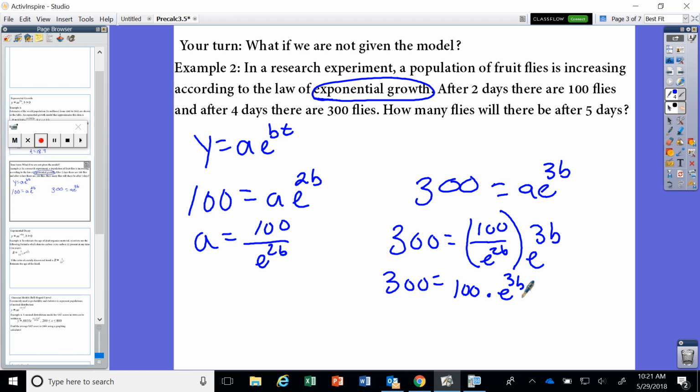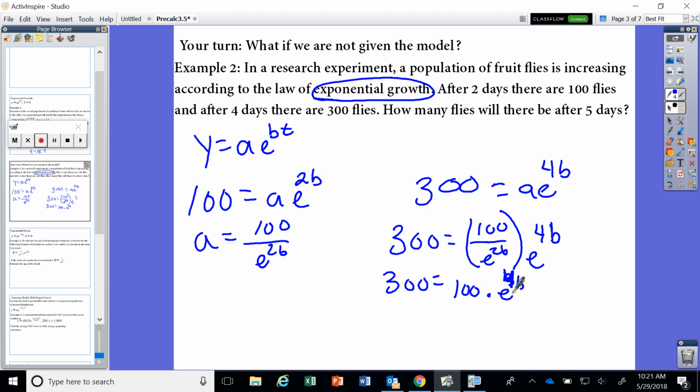Did I put 3 here? I'm sorry, guys. Let me backtrack a little bit. I don't know where I was getting 3 from. This is 4. It was 4 days, not 3 days. Hopefully you caught on to that, okay? So this is actually 4. I knew this wasn't looking right.